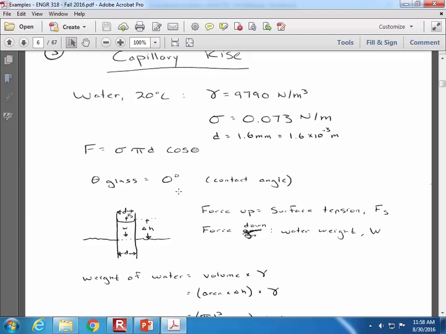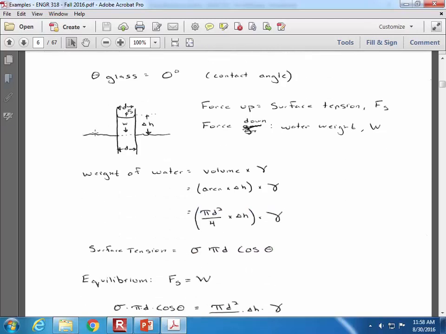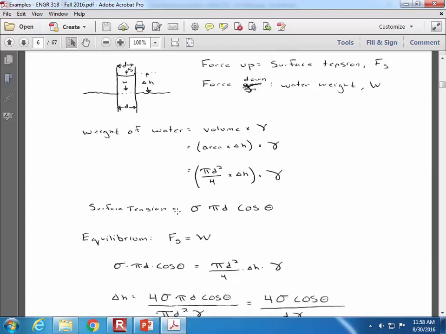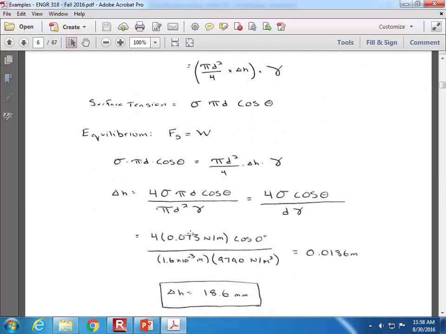We're using a contact angle of 0. And equilibrium means that the force is in balance with the weight. So the weight of the water can be calculated as the volume times the unit weight. And we know the volume is area times the height, and so I show the formula for the area. Surface tension, setting them equal, and okay.